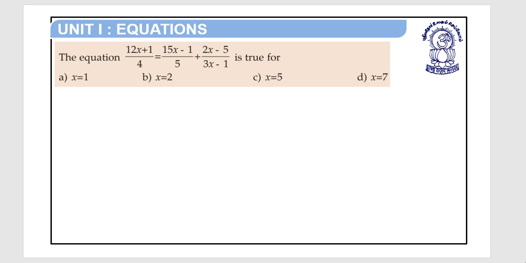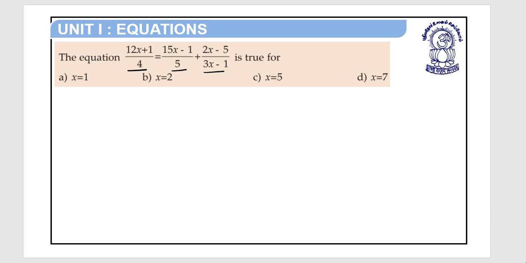Next, the equation 12x plus 1 by 4 is equal to 15x minus 1 by 5 plus 2x minus 5 by 3x minus 1 is true for. Now find out the value of x, or put the value of x into LHS or RHS and check equality.